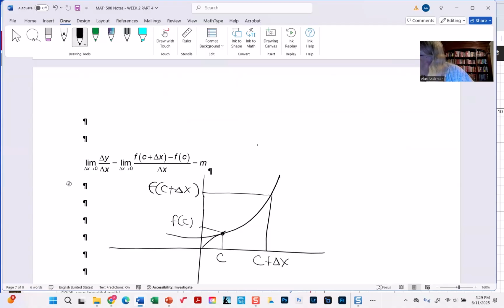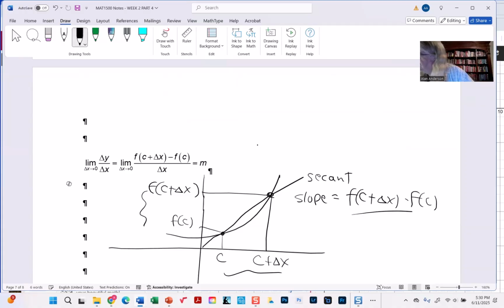The slope of the tangent line, I'm sorry, the secant line, is the change here divided by this change. Now, the difference between the horizontal coordinates is delta x by definition. Okay, so we just need the delta x here.